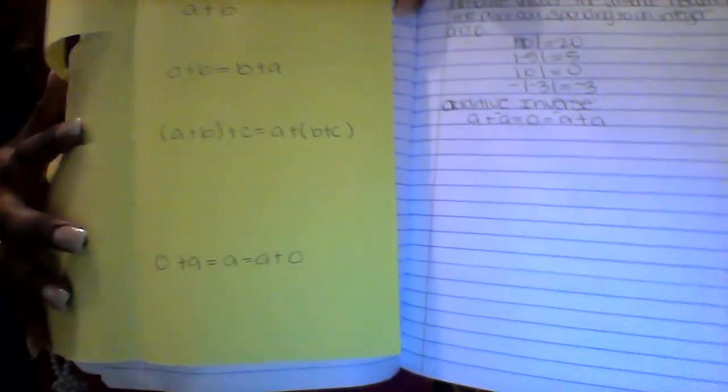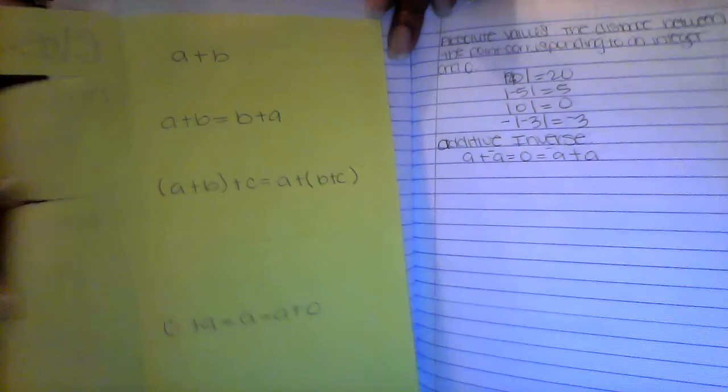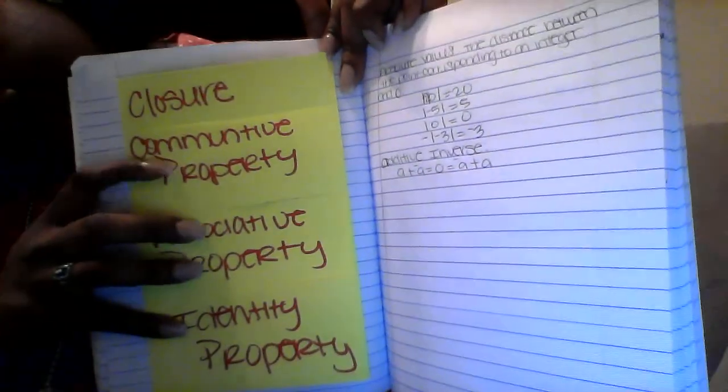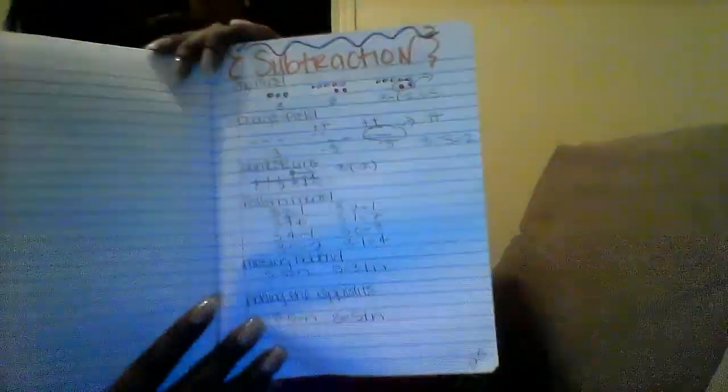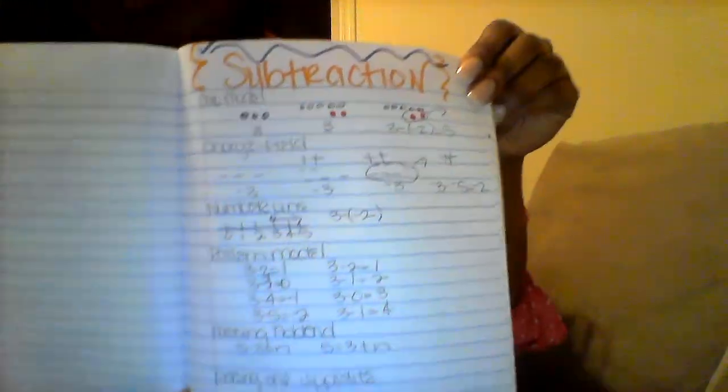These are the different properties and examples of them. Showing how to do the subtraction models. Got the chip model, the charge model, the number line, the pattern line, mixing, adding.